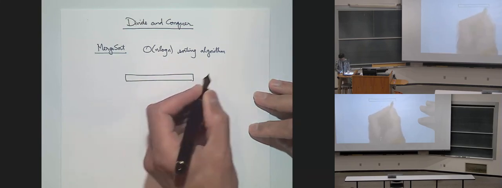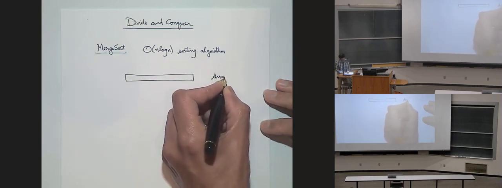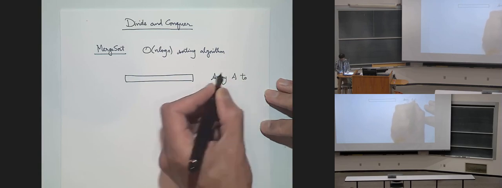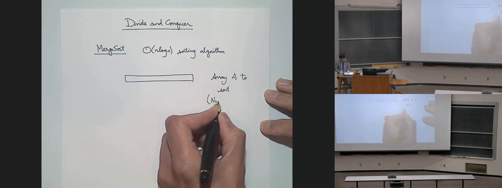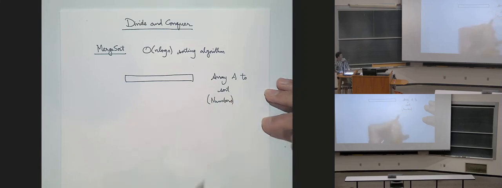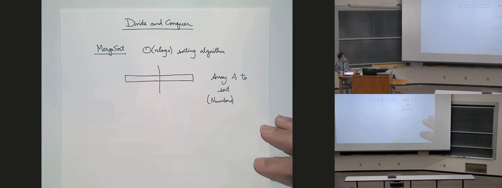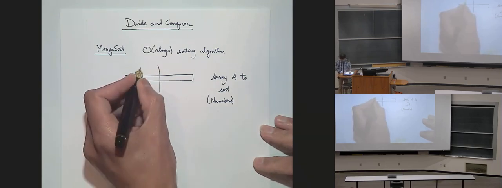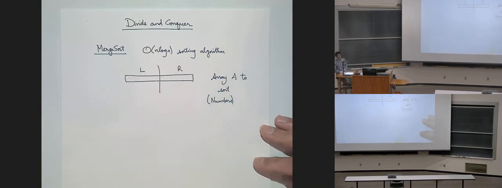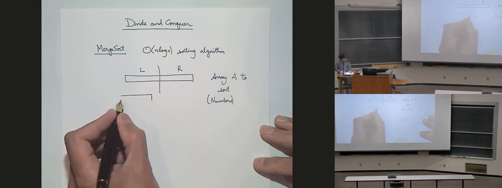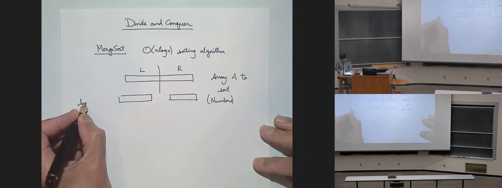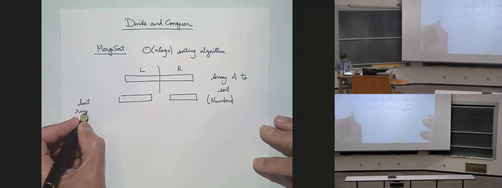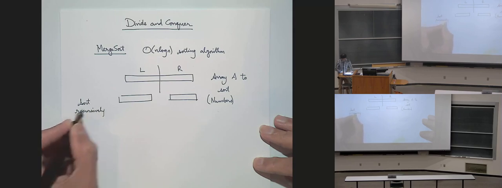So let's just say this is an array which I'll call A to sort. We'll just think of these as numbers, integers if you care specifically. And so how do you divide and conquer? Well, you break this array up into two parts, L and R. You sort recursively, right?